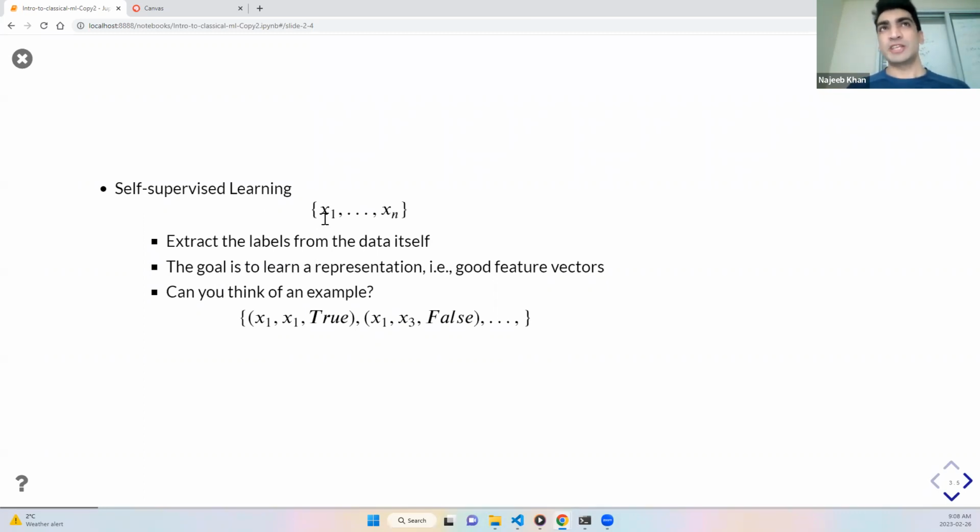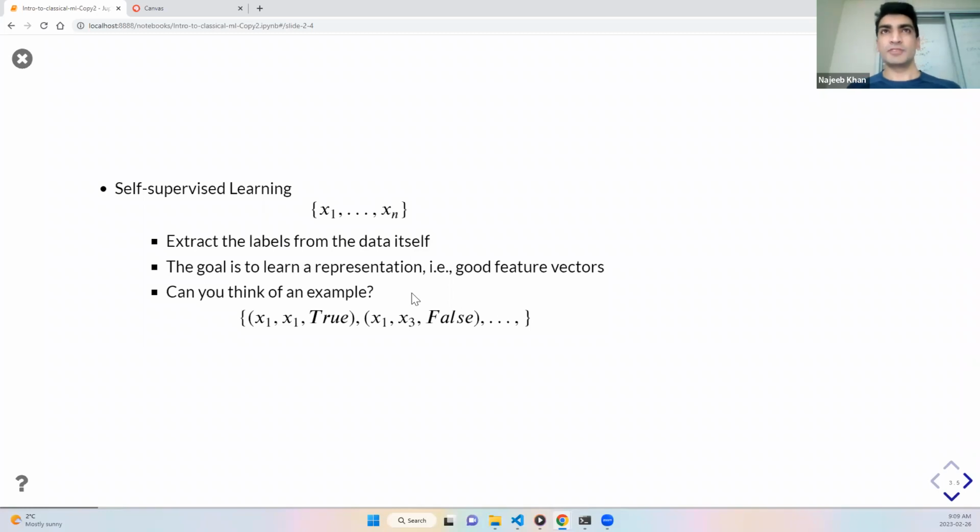In that case, we just have a bunch of feature vectors, and we extract the labels from the data itself. You might have heard of ChatGPT or large language models. What they do basically is, given the previous words, predict the next word. So the next word in a sentence is basically the label for the data. The self-supervised learning algorithm exploits the property that you can extract labels from the data itself.